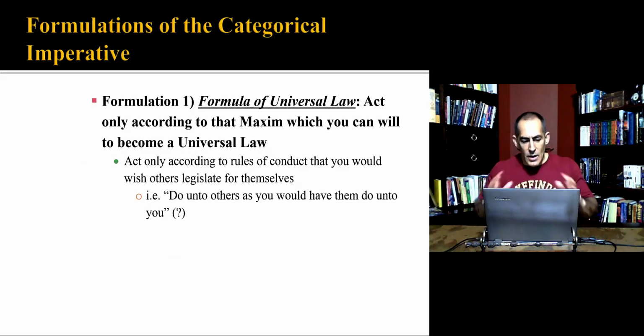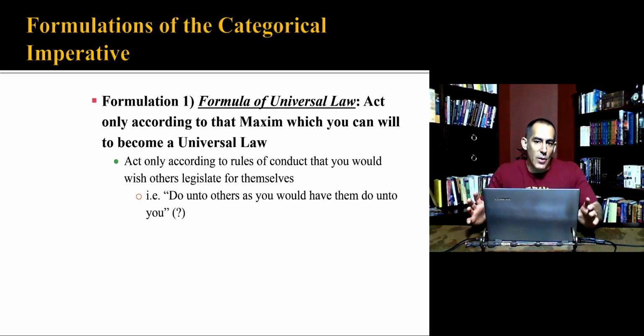Now, there are different formulations that we have for the categorical imperative, and I'm going to give you all of them, though I really would only like you to know the first two for testing purposes. Okay, so the first two you definitely have to know. Formulation 1 is the most famous.